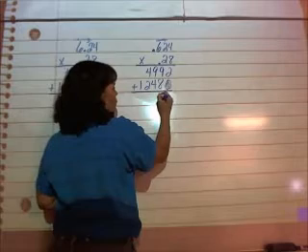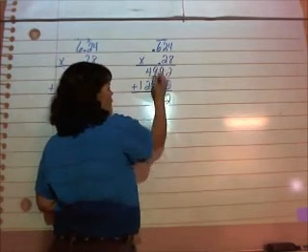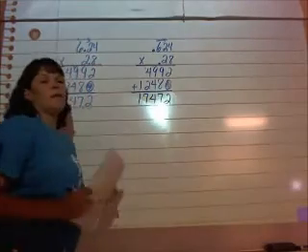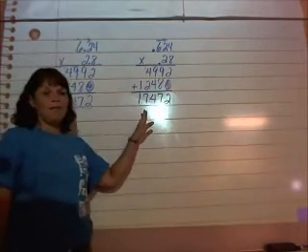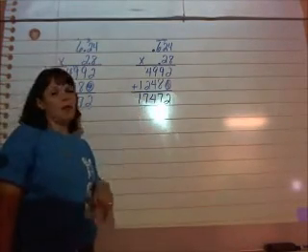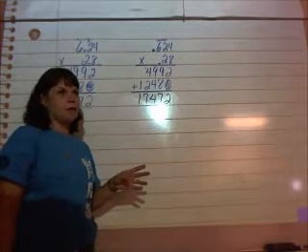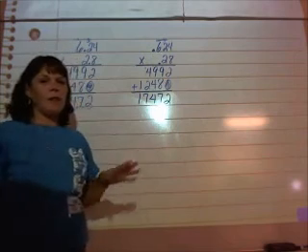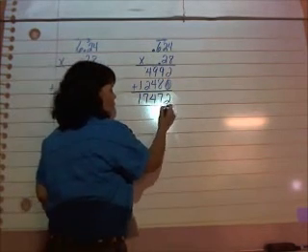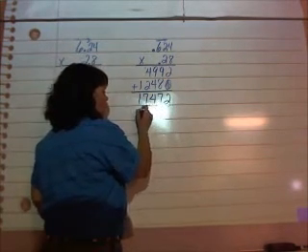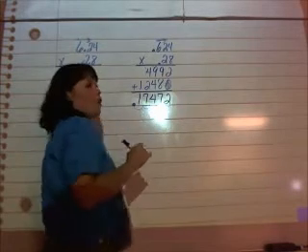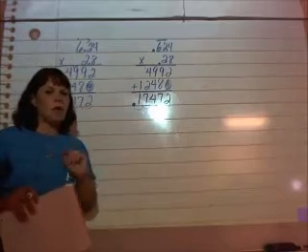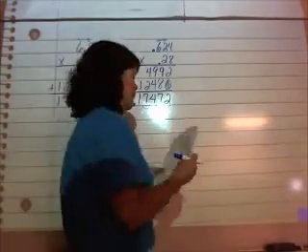So 2, 17. Now, this time, how many digits do I have behind the decimal? I've got 1, 2, 3, 4, 5, so I need 5 numbers behind the decimal. Pretty simple. All right, one more, and then we're going to call it quits.